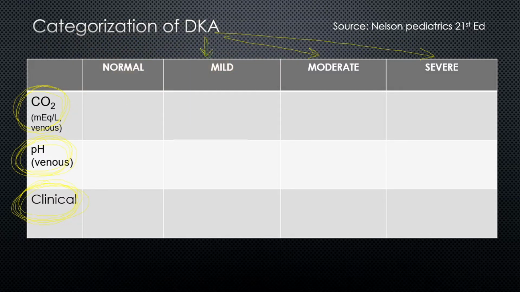The normal value of bicarbonate in a normal individual is 20 to 28. In mild DKA it is 16 to 20. In moderate it is 10 to 15. In severe it is less than 10.